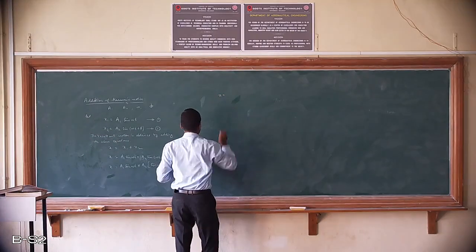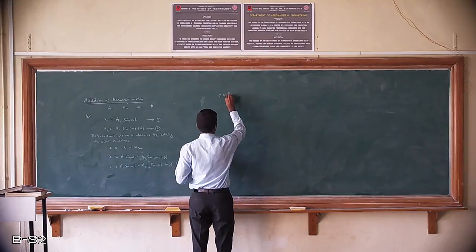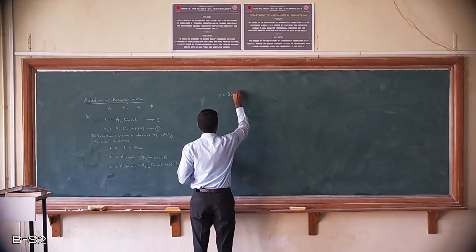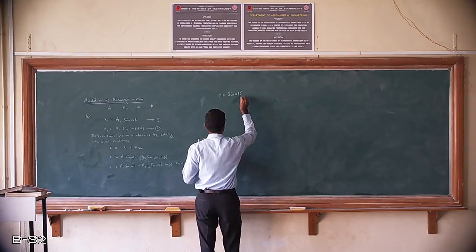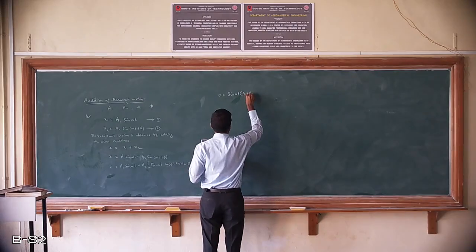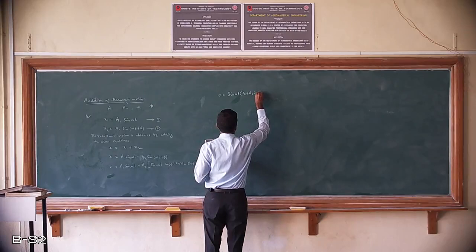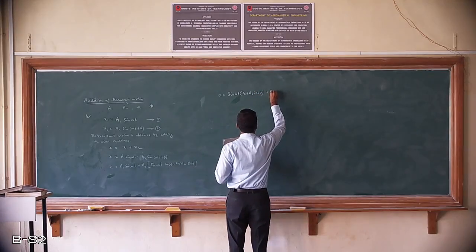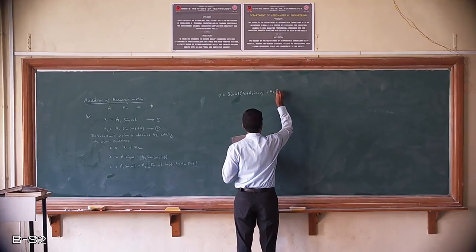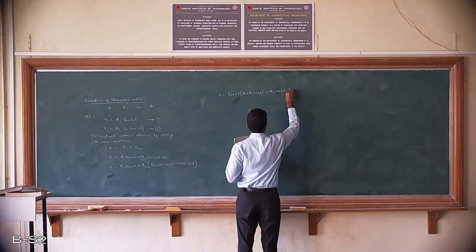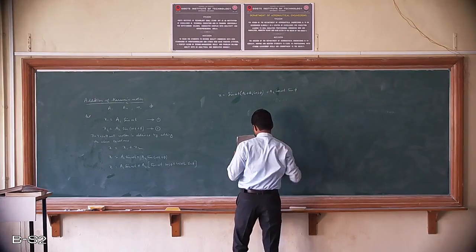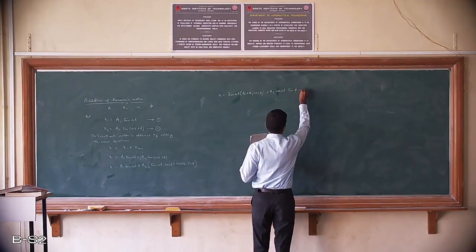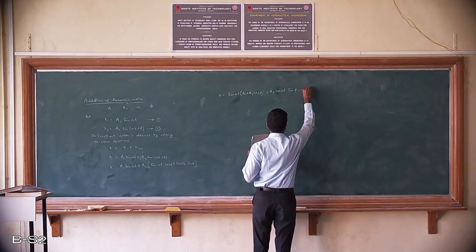Therefore x = sin ωt (a1 + a2 cos φ) + a2 cos ωt sin φ. I will call this equation number 3.